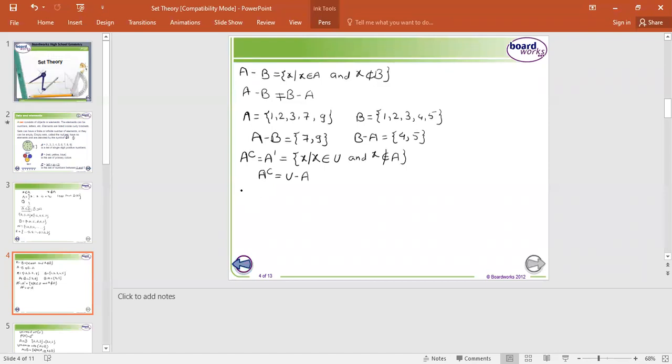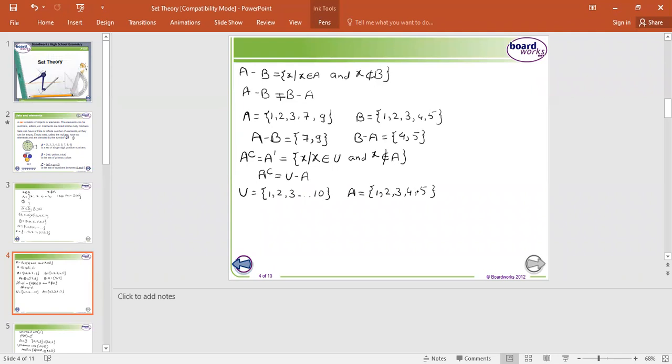We'll take one example. If U contains elements 1, 2, 3 up to 10, this is the universal set, and A contains 1, 2, 3, 4 and 5.